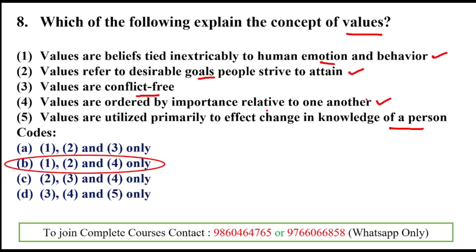But it is not at all used to affect a change in knowledge. We acquire some knowledge, but we do not acquire that knowledge all the time to acquire the value. Clear? So for acquiring values, there must be knowledge on one side and also action on the other side. Clear? So that's 1, 2 and 4.